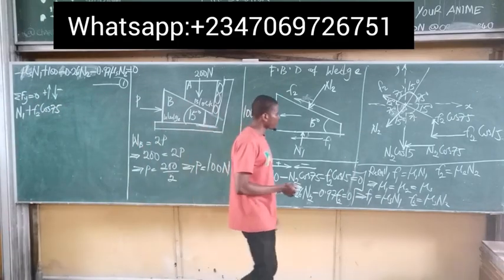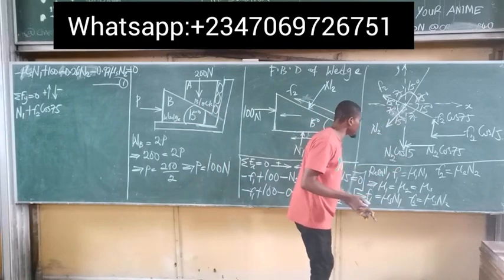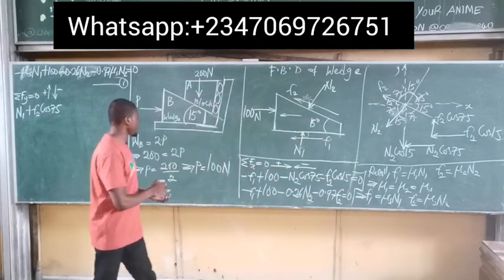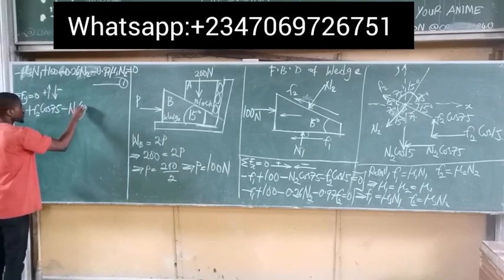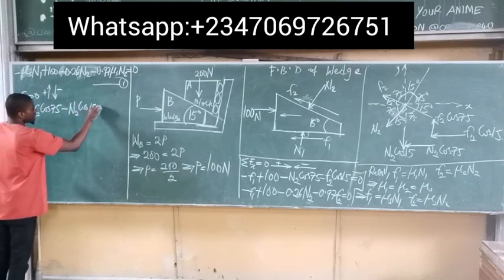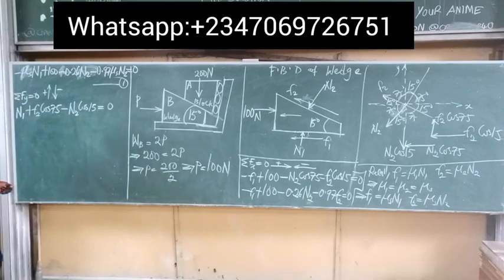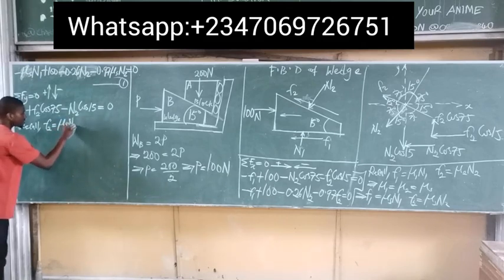I also have n2 cos 15 pointing downward, so it's negative, minus n2 cos 15, and the whole of this is equal to 0. Not forgetting that f2 itself remains mu x instead of mu2, because the coefficient of static friction at all surfaces are the same, so it becomes mu x times n2.